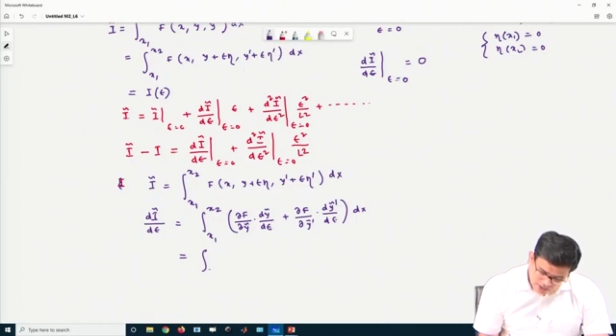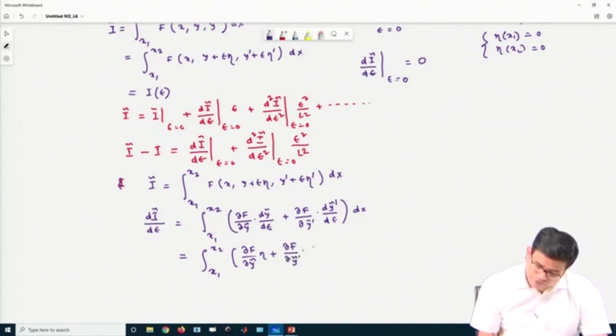So naturally I can just write x1 to x2, so del f by del y tilde by del epsilon is nothing but your eta, and then del f by del y tilde prime is your eta dash, right?